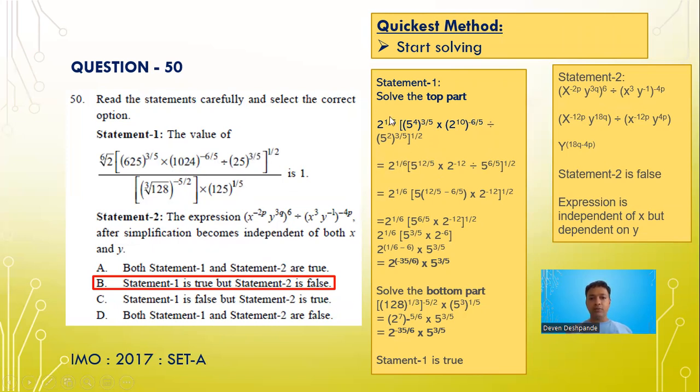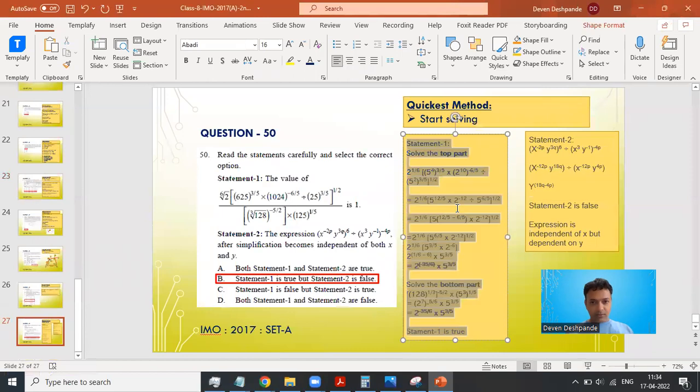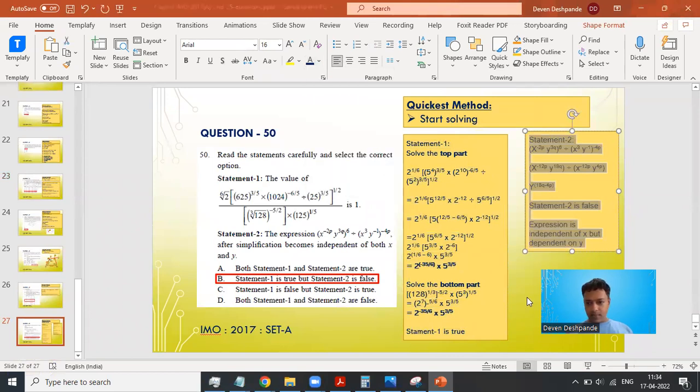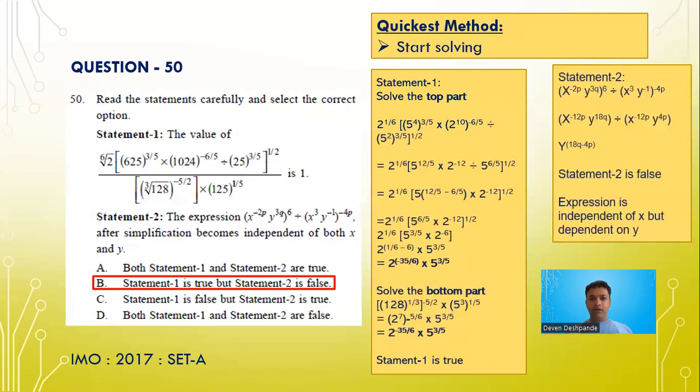So that will be 2 raised to 1 upon 6 into 5 raised to 12 upon 5 into 2 raised to minus 12, divided by 5 raised to 6 upon 5 whole raised to 1 by 2.